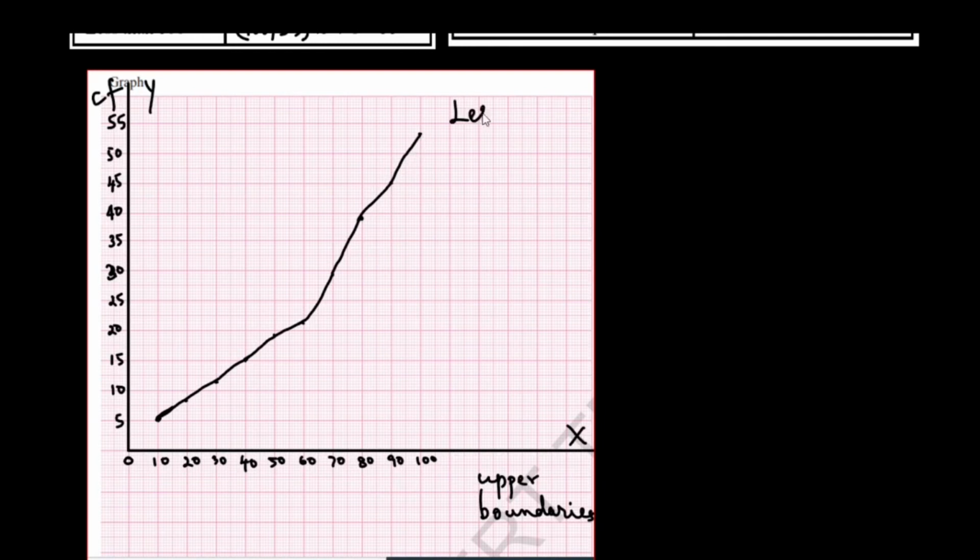This is the less than type ogive. Now, how do we find the median? We have n equal to 53. So, n by 2 is 26.5. Then we have to locate 26.5 on cumulative frequency, let us say it is somewhere here.